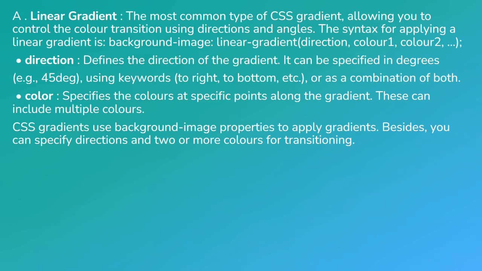Color specifies the colors at specific points along the gradient. These can include multiple colors. CSS gradients use background image properties to apply gradients. Besides, you can specify directions and two or more colors for transitioning.